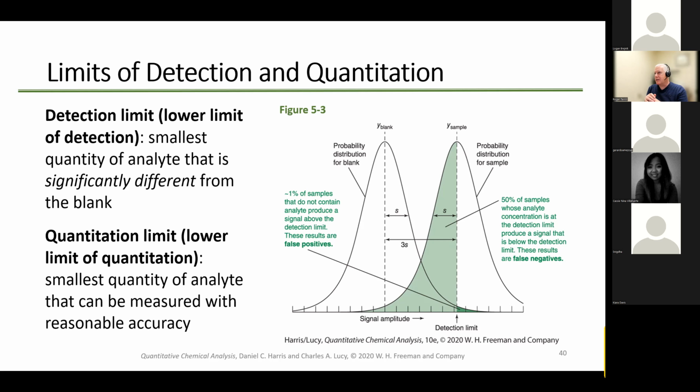And I say this method has a standard deviation of 3 signal units, 3 parts per million. That's just speaking the same language there. What is the minimum detectable signal in that case?